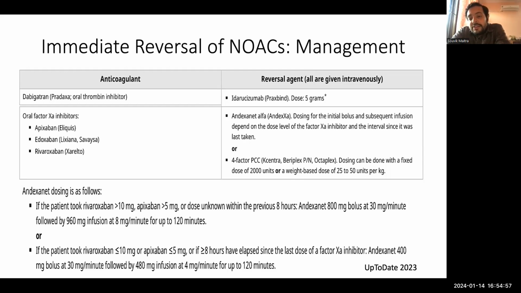If it is available in the ICU or in the hospital, it should be used. For factor 10A inhibitors, apixaban, edoxaban and rivaroxaban, andexanet alfa is the drug of choice. In case andexanet alfa is not available, 4-factor PCC is the important off-label use, and a weight based regimen of 25 to 50 units per kg has to be used.